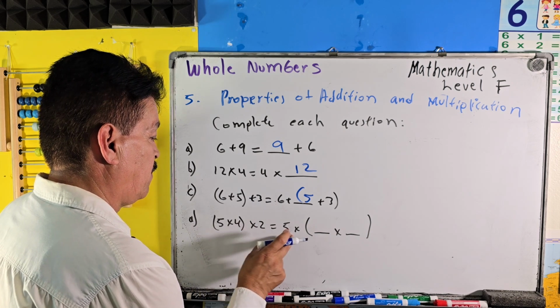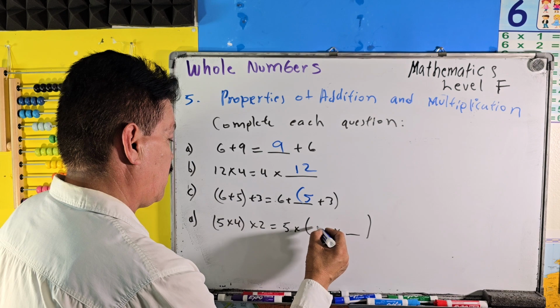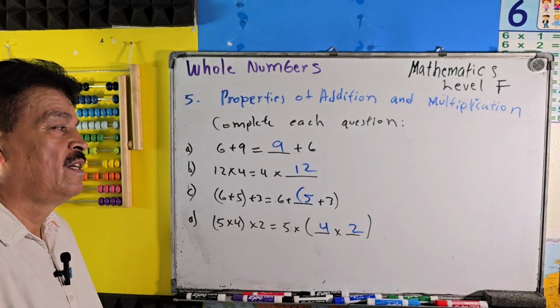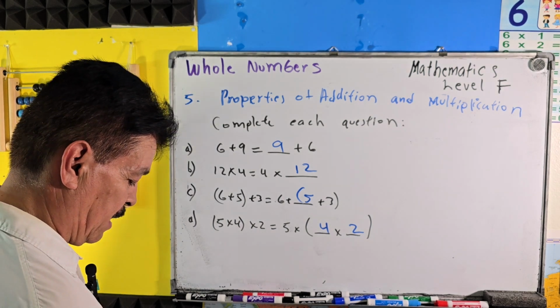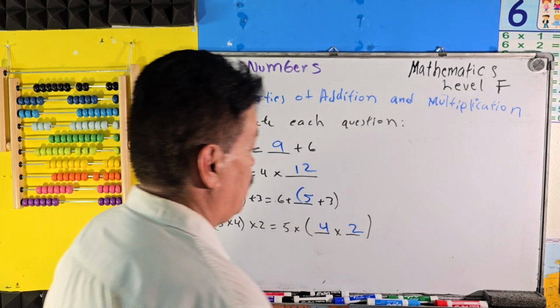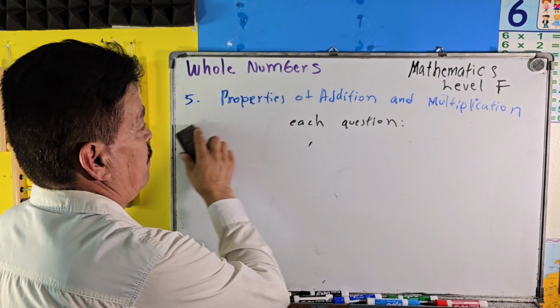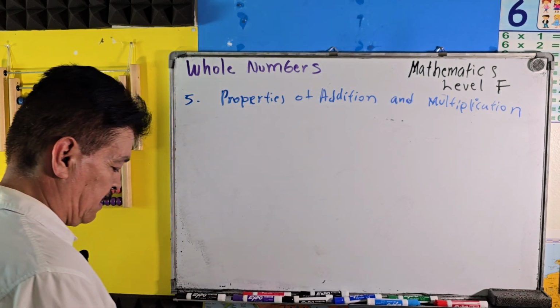Then 5 times 4 times 2, so we have to write here 4 and 2. Right? That's it. Very, very easy. Just play with the properties.